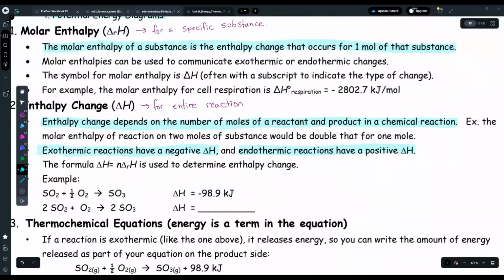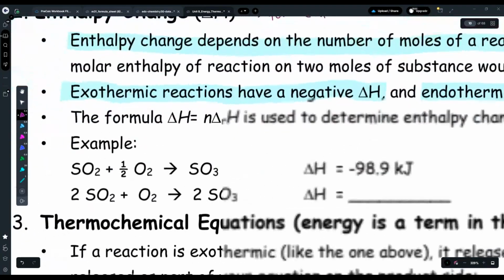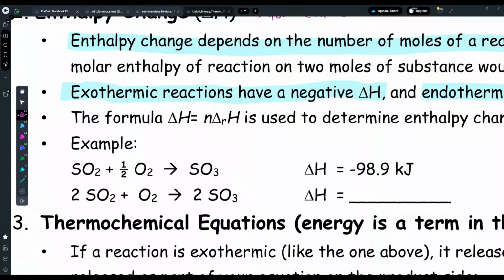So for what we talked about earlier, where the molar enthalpy of reaction on 2 moles of a substance would be double that for 1 mole, look in here. We have this reaction where sulfur dioxide is reacting with oxygen to create sulfur trioxide, and the change in enthalpy for this reaction is negative 98.9. Now in the second reaction, we're doubling the amounts of everything in the reaction.